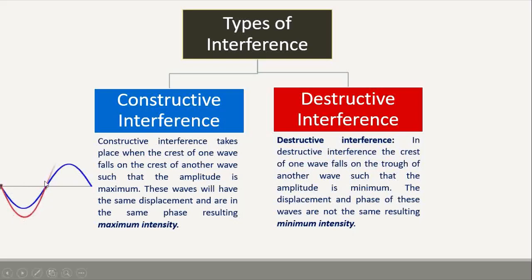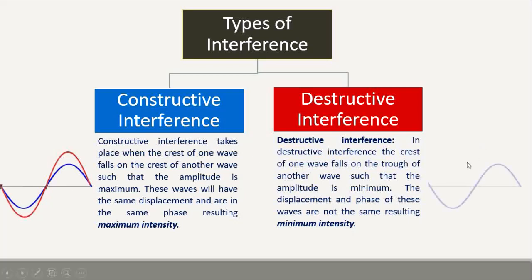A crest is falling on the crest of another wave. This type of superposition of two waves is known as constructive interference, where the displacement of the resultant wave increases. The intensity at this point is maximum, where you get a bright region.